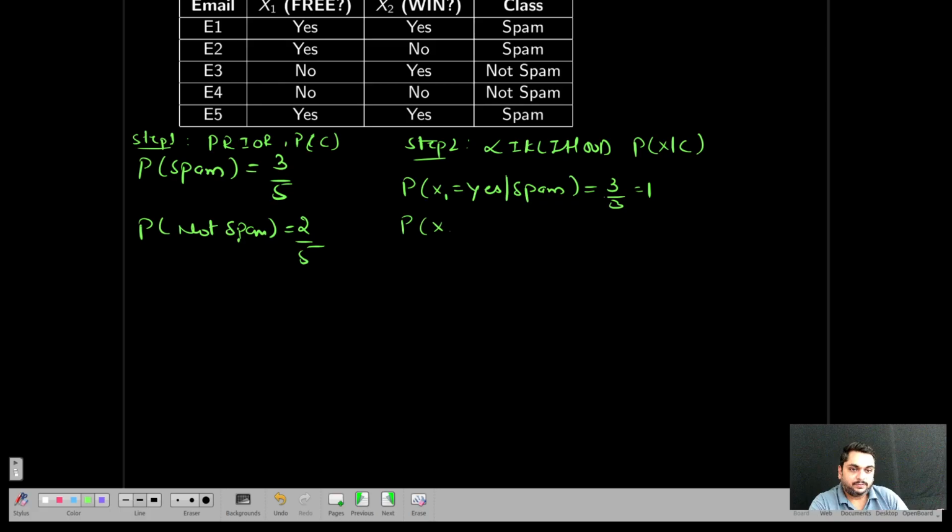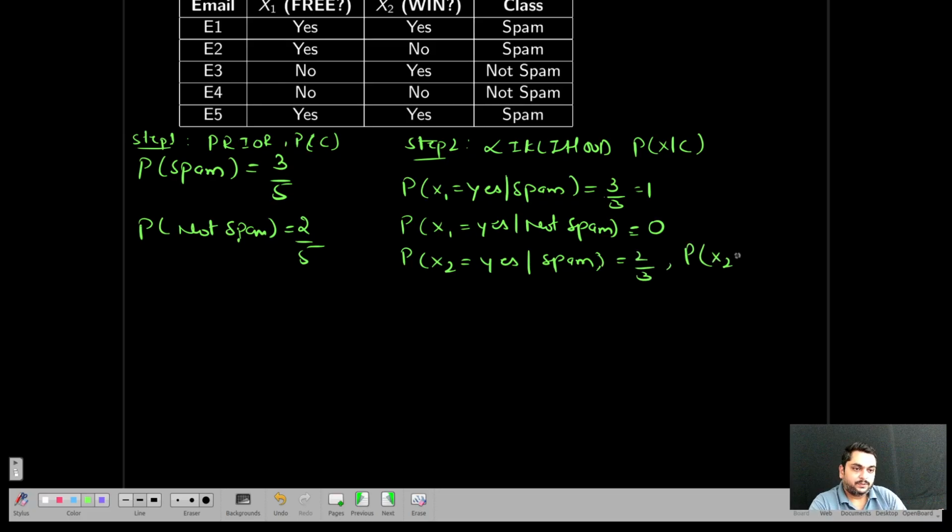Probability of X1 equal to S given not spam, this we got as 0. Probability of X2 equal to S given spam, this we got as 2 by 3. Then we calculated probability of X2 is equal to S given not spam. This is equal to 1 by 2.